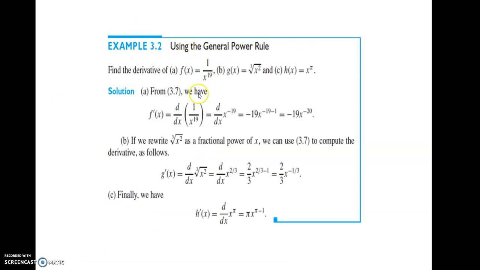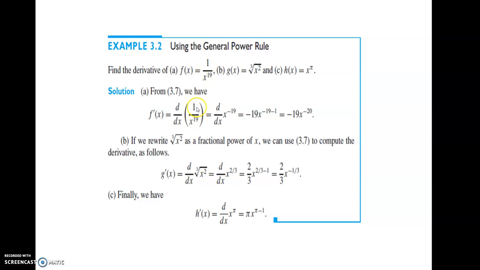Let's consider three examples. Find the derivative of f(x) equals 1 upon x to the power 19, g(x) equals the cube root of x squared, and third, x to the power pi. So f is given, and I am finding f prime because you are asked to find the derivative. So f prime is d by dx of the function.